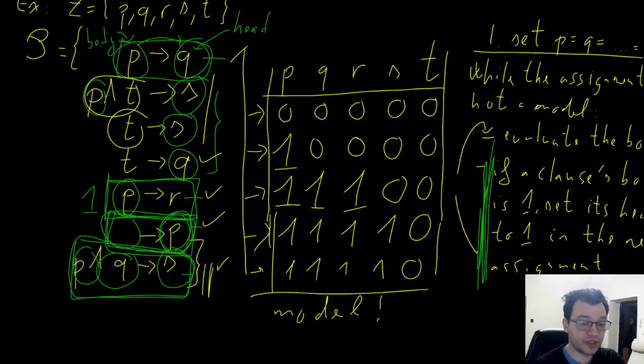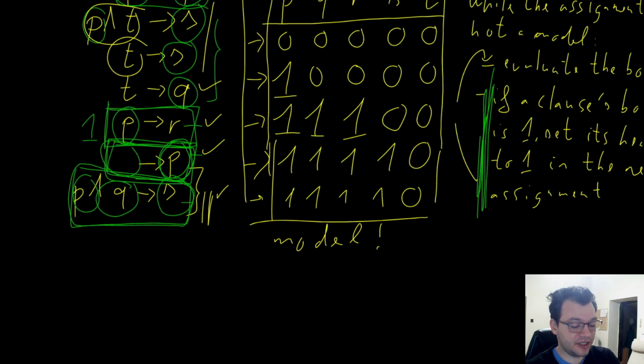And actually this is the least model of the program, so no matter how you try, you won't be able to reduce the number of ones in this model, so you cannot change any of these 1s to 0s without breaking the model. Now that's fine, and let's just formalize it a little bit.